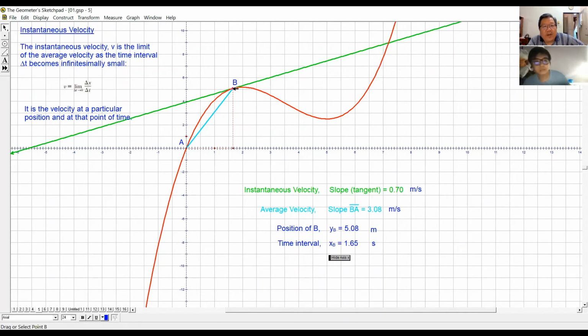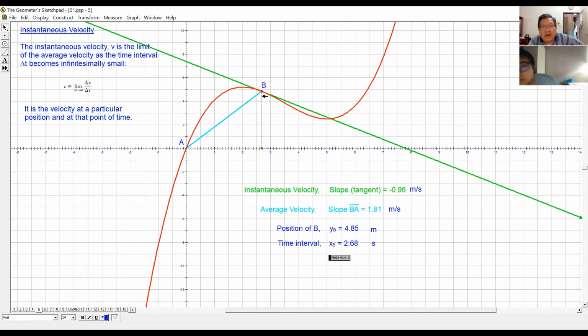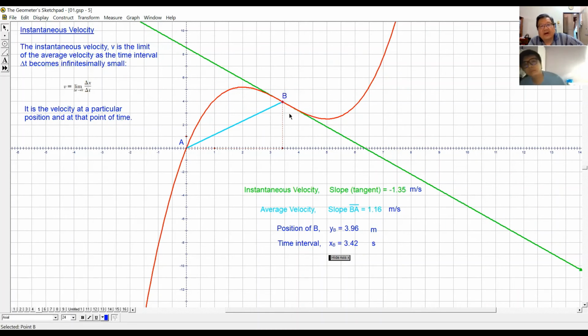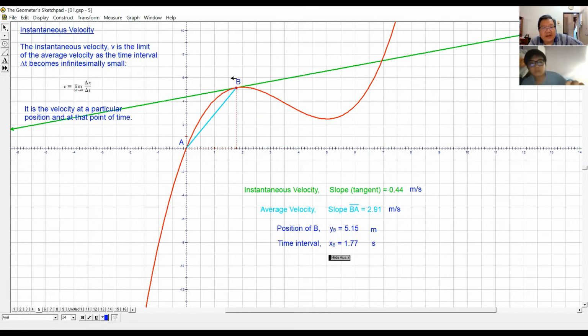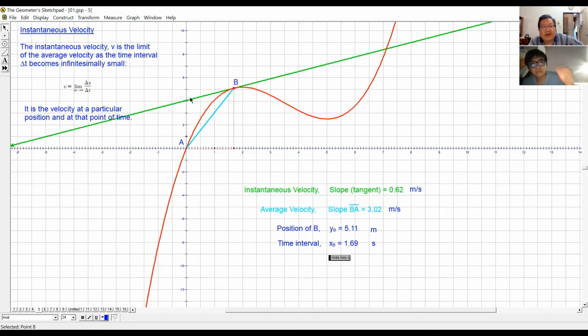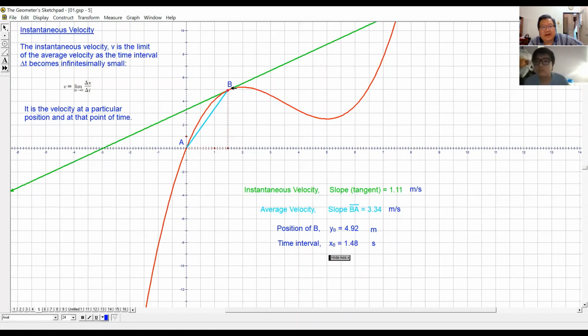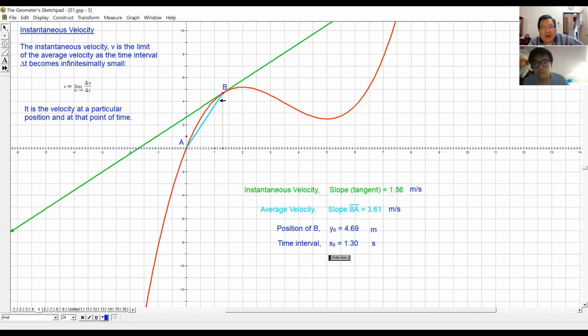So if I move this point B along the curve, the instantaneous velocity at point B is now a negative number, whereas earlier on the instantaneous velocity was a positive number. It is the gradient of the tangent at that point.